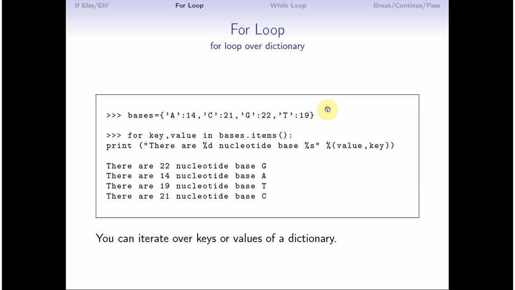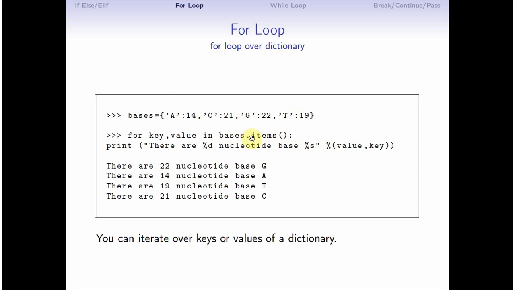How about looping over a dictionary? Looping over a dictionary is quite useful as well, so take note of this. For key, value, remember with a dictionary you can use .items() to get the keys and values, all the keys with their corresponding values of the dictionary.